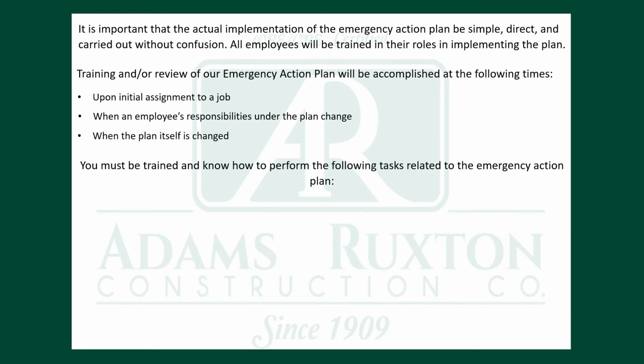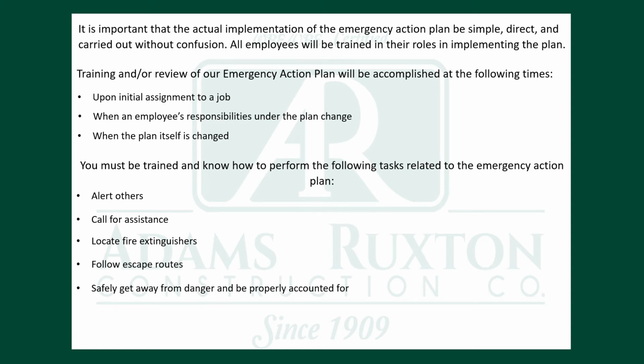You must be trained and know how to perform the following tasks related to the emergency action plan: alert others, call for assistance, locate fire extinguishers, follow escape routes, safely get away from danger and be properly accounted for, and accomplish specific tasks that may be assigned to you.